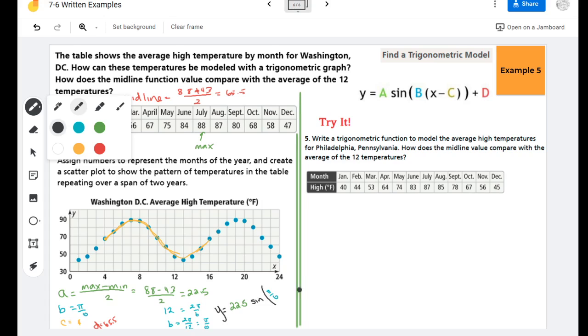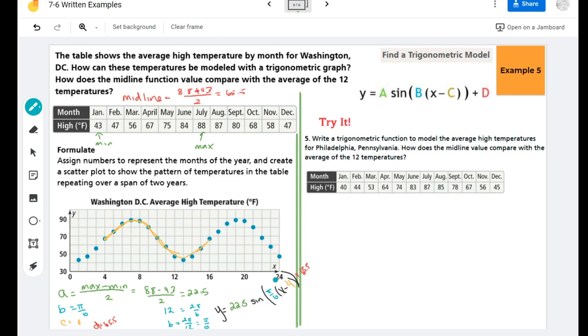And then in parentheses, remember you put x minus C, so x minus 4. And then you add to it your D value, so plus 65.5. Oops, not 65 over 5, 65.5. Whew, there we go. Alrighty, so there's our equation, which is hideous. Do we judge it? No, but there it is. That pi doesn't look very pi-y.